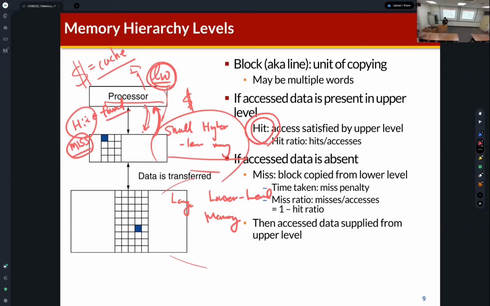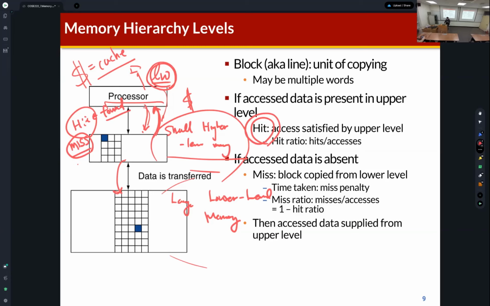But in the miss case, the requested data is not found in the cache, not found in the higher level memory. Then this request is given to the lower level memory, because the data is not found. We know the size of the lower level memory is large.